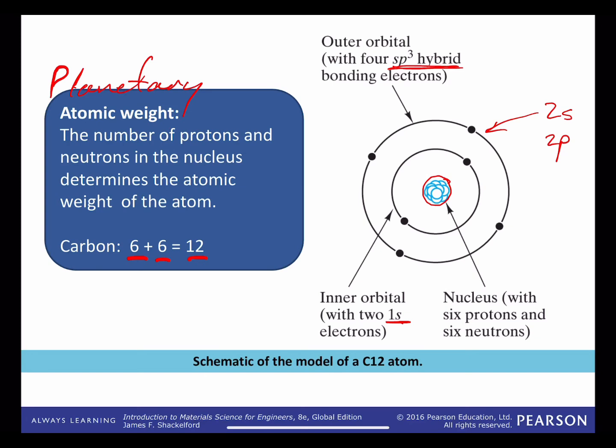So units for this could be 6 AMU for the protons plus 6 AMU for the neutrons, and this would give a total of 12 AMU for a single carbon atom. And this is a good estimate for the mass of a single carbon atom, and we do not need to account for the mass of the electrons because they're 1/1840th of the mass of a single proton or a single AMU.